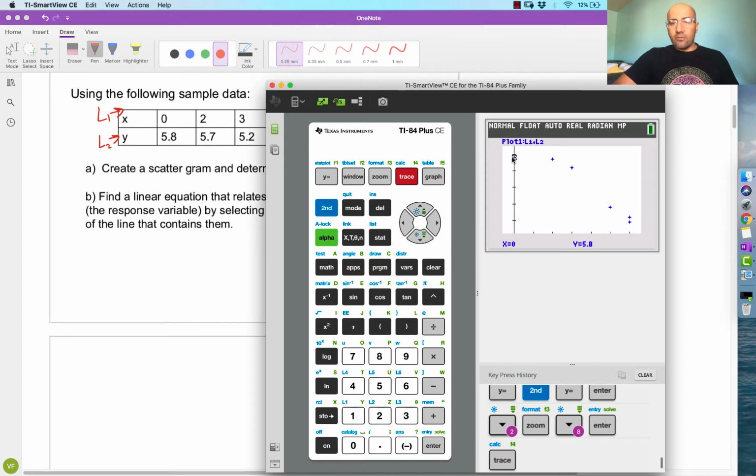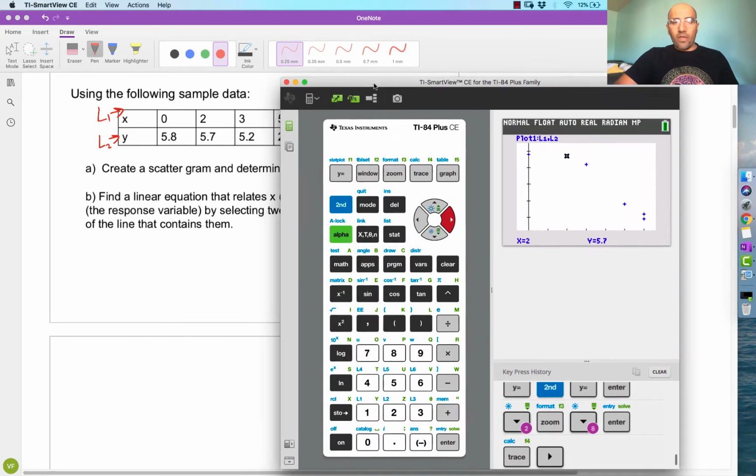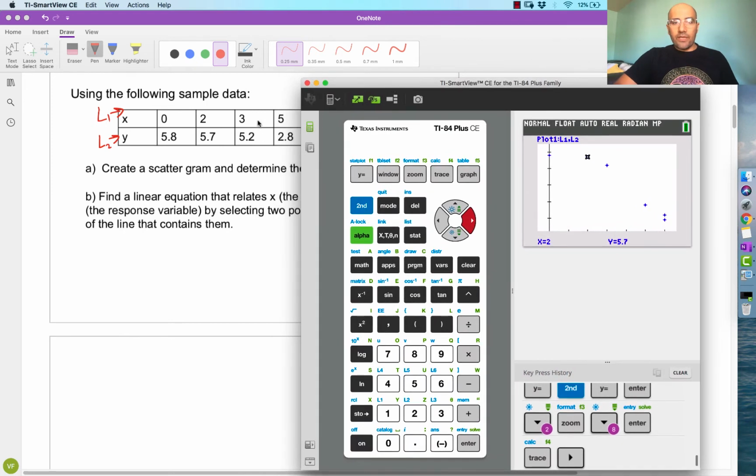We can see that the little blinking X means that this is the coordinate 0, 5.8. That's this first one. Then we go to the right by 1, and that one is 2, 5.7. And then 3, 5.2. Okay, so here's our scattergram.